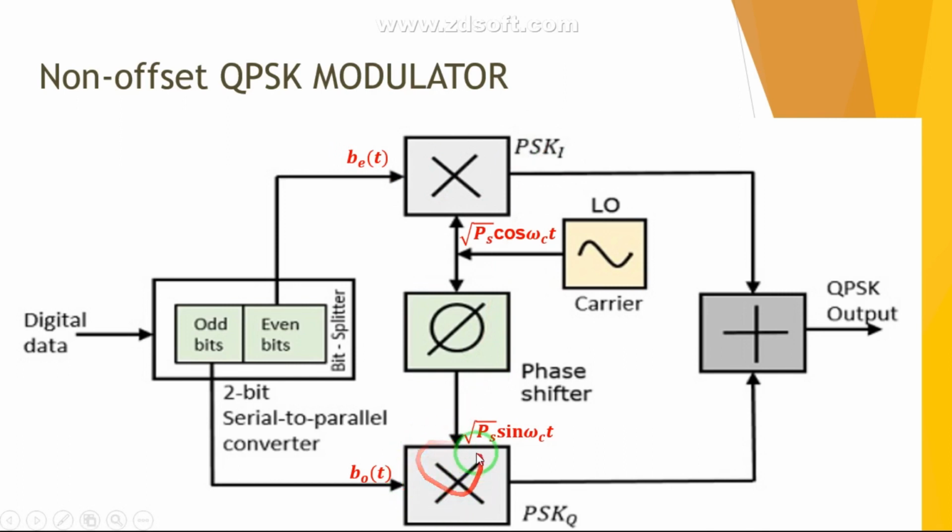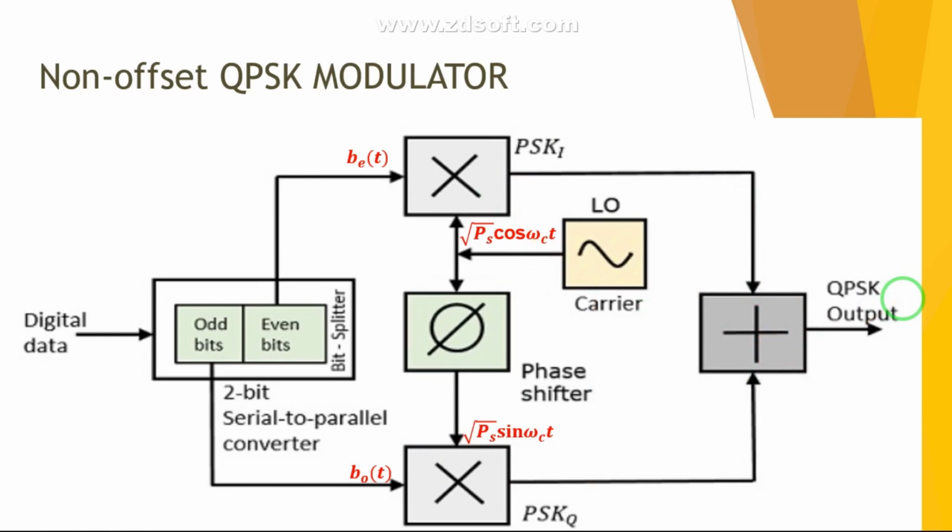Similarly, in the second multiplier you can see there is a phase shift in the carrier, so it became sine of omega CT. Due to this phase shift, cos became sine. So the output of the second multiplier would be B of OT into root PS sine omega CT, that is the second BPSK signal. These two BPSK signals are added at the adder, and you get the QPSK output.